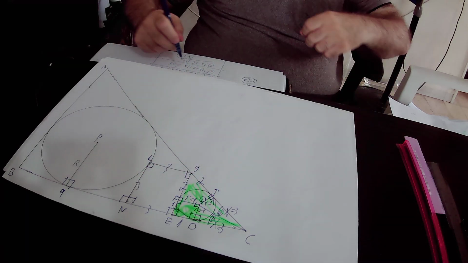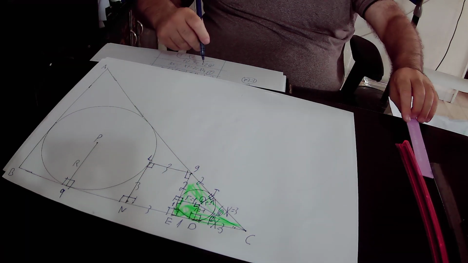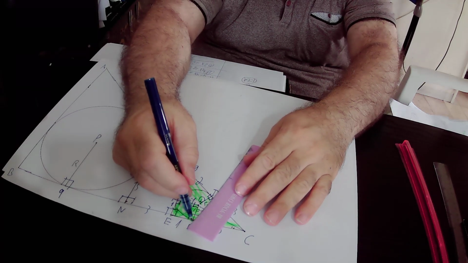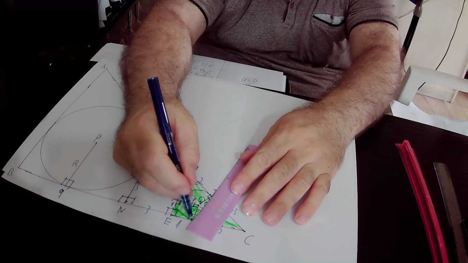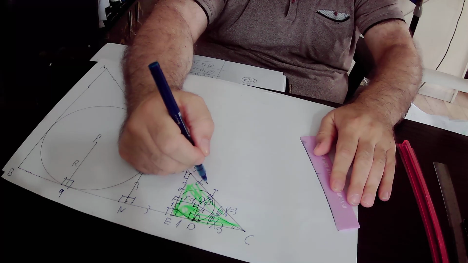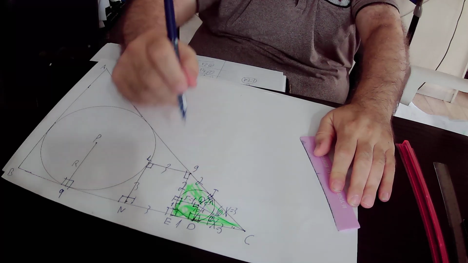Okay, so we join points T and D together by a straight line. When joining points T and D together by a straight line, we created triangle TDC.